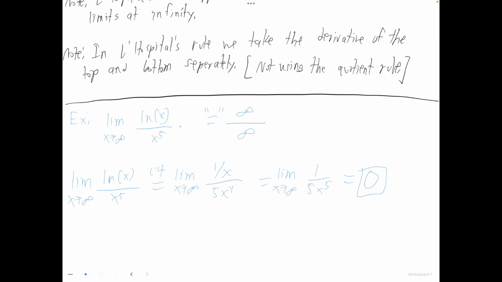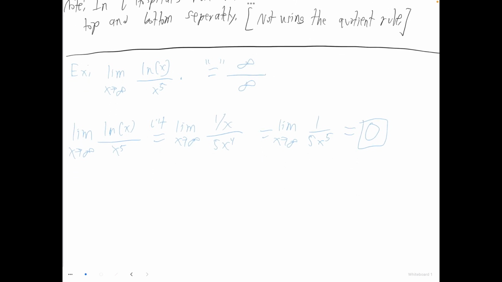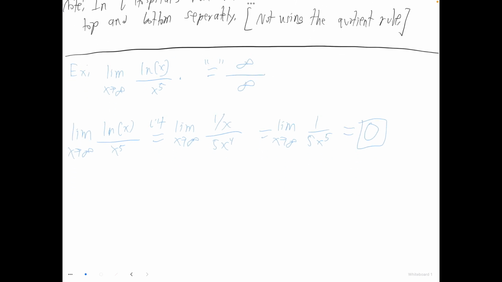Now, the key thing to note here is that we simplified rather than trying to use L'Hopital's rule again. If you try to use L'Hopital's rule again, you get something a little odd. The top is going to go towards 0, because 1 over x goes to 0, and the bottom is going to go to infinity, which still suggests that the limit goes to 0.